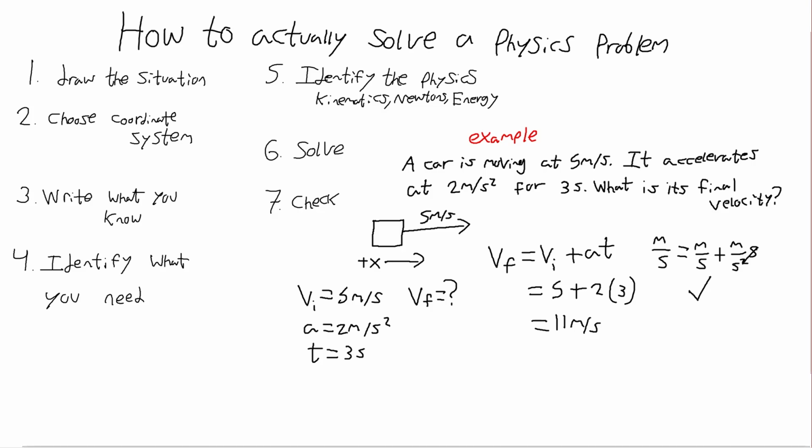So the units here check out. And what about in our answer? The units of our answer were just meters per second. And we can also think about if our answer makes sense. We started at 5 meters a second, and then it ended at 11 meters a second, which makes sense because the car is accelerating, so the final velocity is going to be greater than the initial velocity.